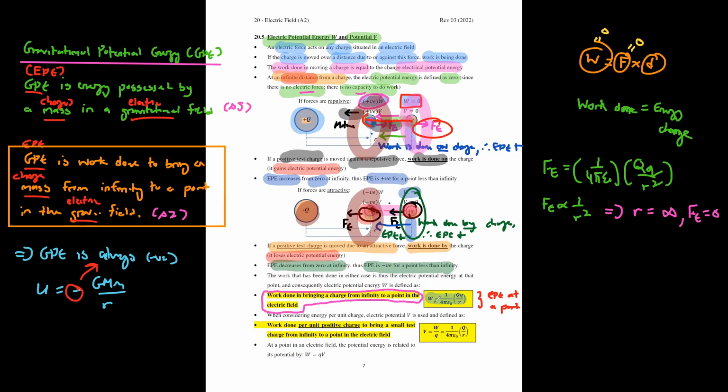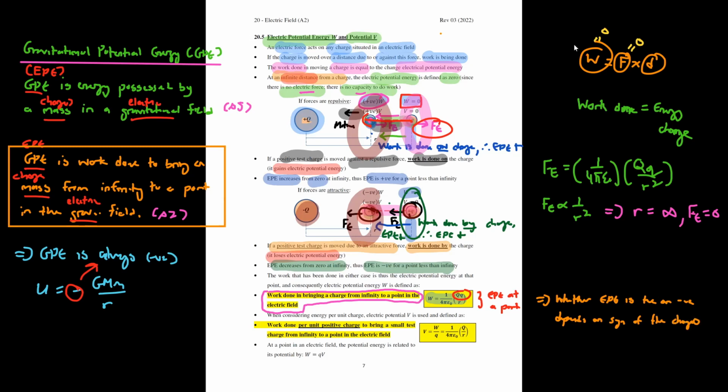So how do you know whether your electric potential energy will be positive or negative? It will depend on the sign of your charge. So this one I think I should write here: whether EPE is positive or negative depends on the sign of the charges.